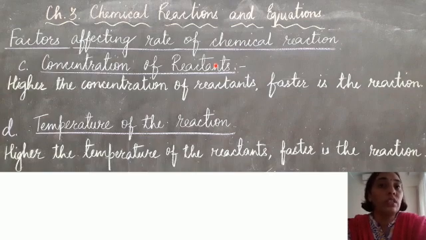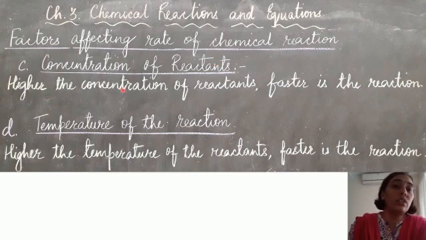But if I carry out the same reaction using 40% HCl, I find that the rate of evolution of carbon dioxide gas has increased. So this determines the concentration factor that is responsible for the rate of chemical reaction. Greater the concentration of reactants, the faster is the chemical reaction. I hope you have understood this factor. That is, higher the concentration of the reactants, faster is the reaction.